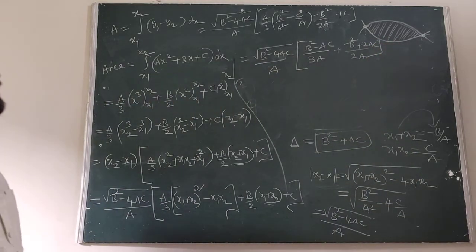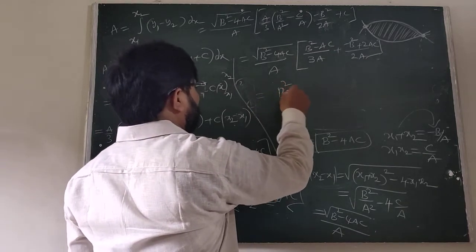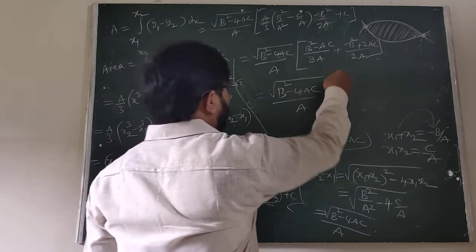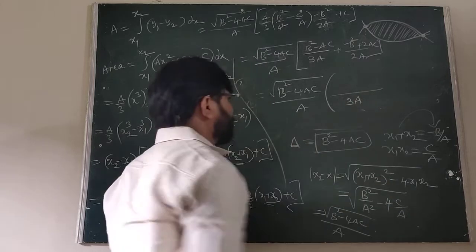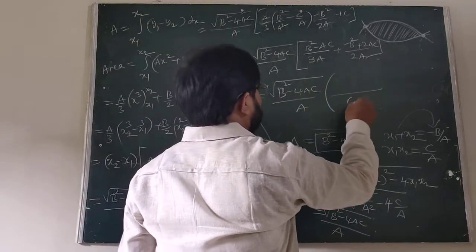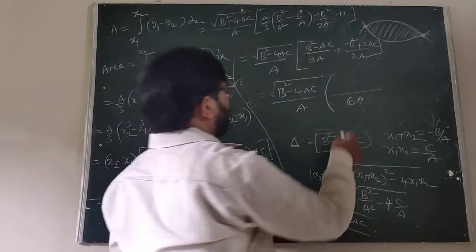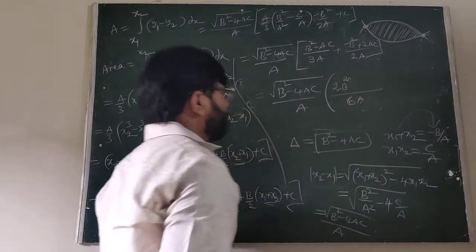Now after that we are taking the b square minus 4ac by a into, now we can write the LCM is 3a. The LCM is 3 into 2, that is 6a. 6a is the LCM. Now this is multiplied with 2. That is 2b square. Yes.